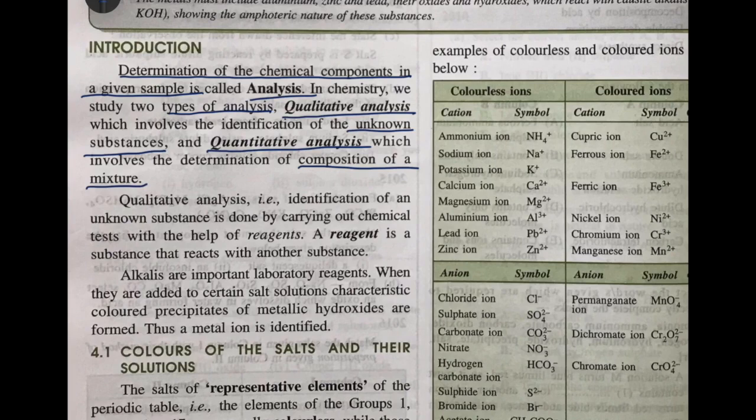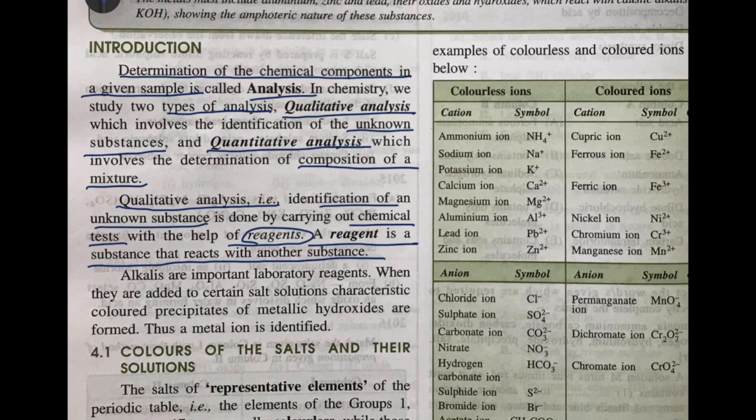Now, qualitative analysis, that is identification of unknown substance, is done by carrying out different tests in the laboratory. Okay, different chemical tests with the help of reagents. Now, what is a reagent? A reagent is a substance that reacts with another substance, or basically a reagent is a chemical compound.